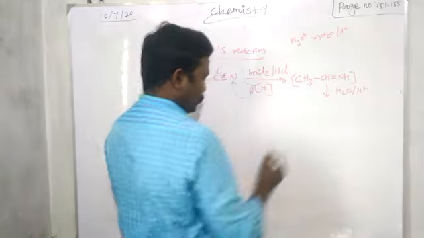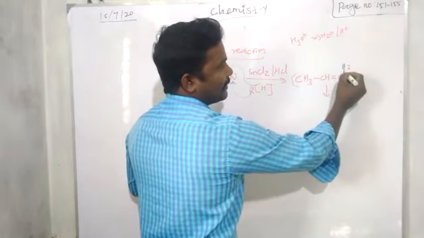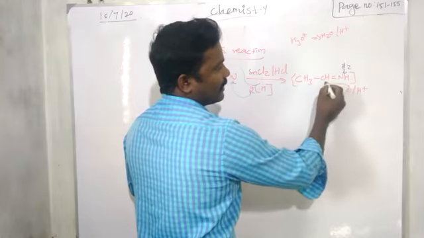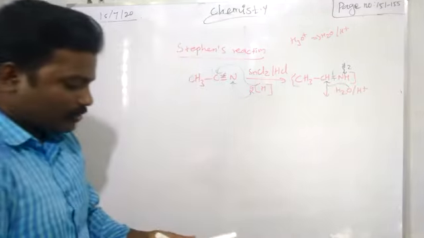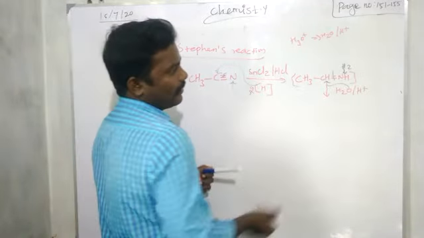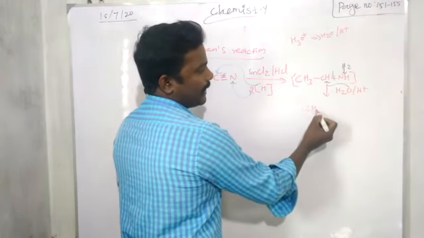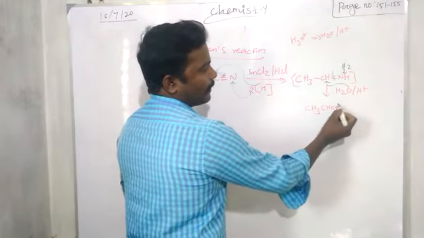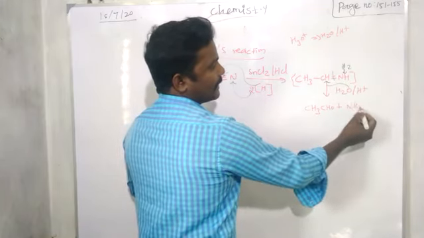Two hydrogens are added to the nitrogen, and oxygen is added to the CH group, so the double bond breaks. So what is the product? CH3 CHO. So we get the aldehyde, along with NH plus 2 hydrogen, NH3.